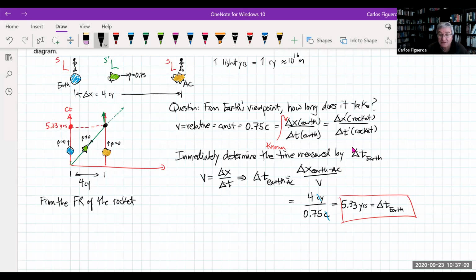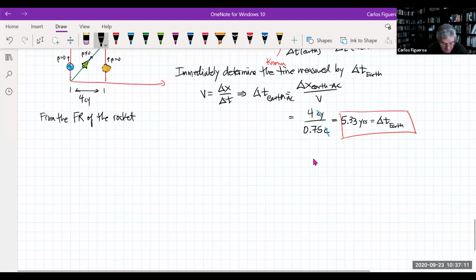I'll draw this faster now because we've done this a couple of times. What do we know about the rocket? In this frame, it's stationary. The rocket's not moving. It's stationary in his frame.